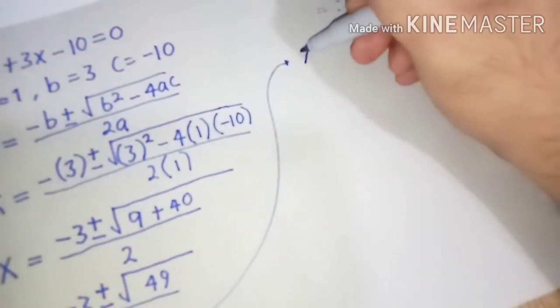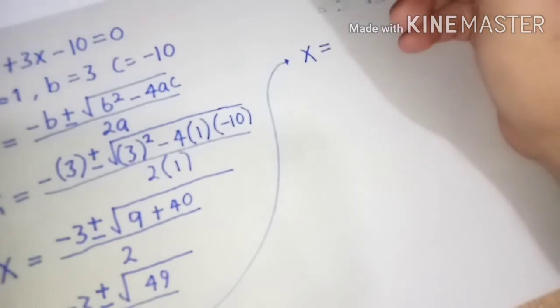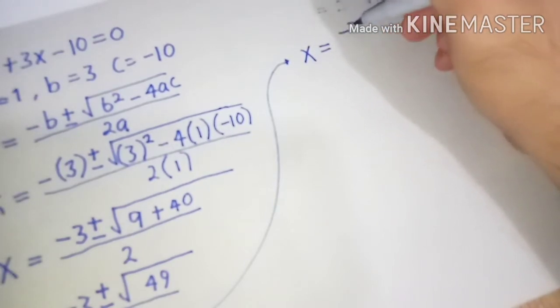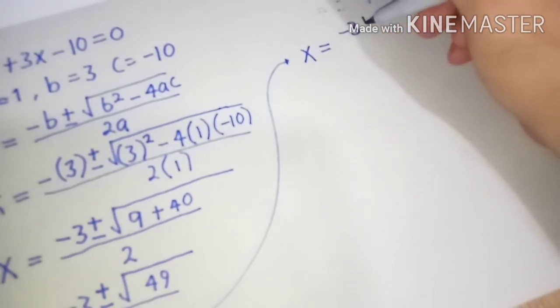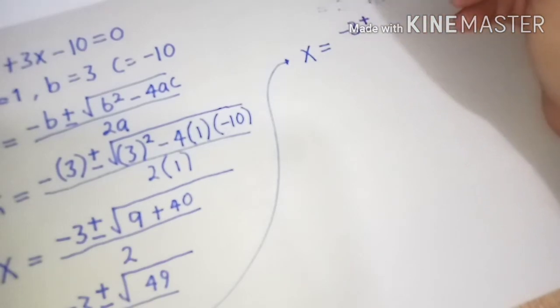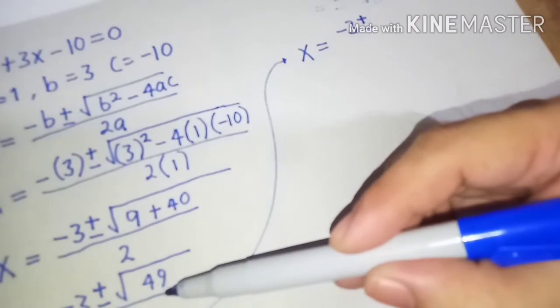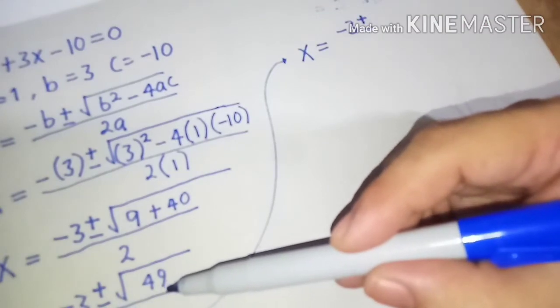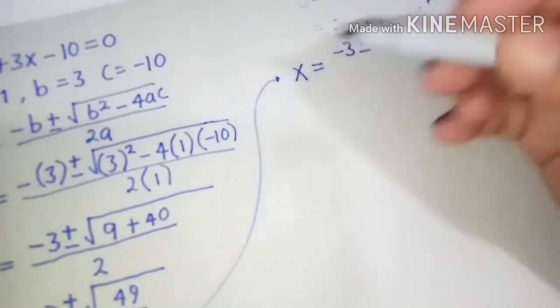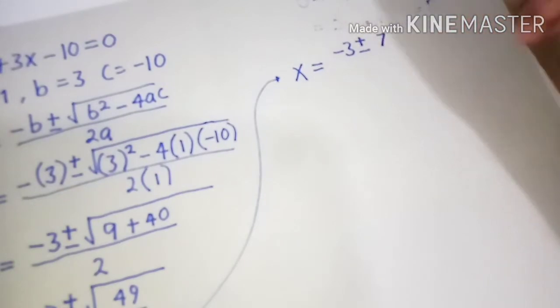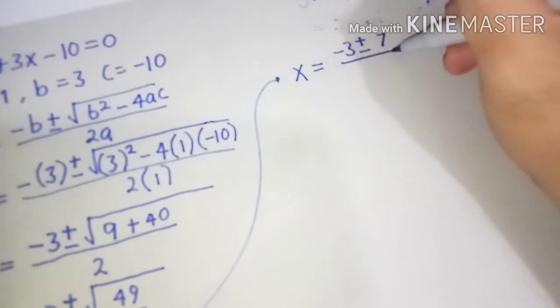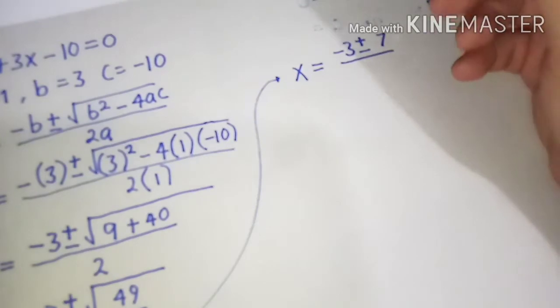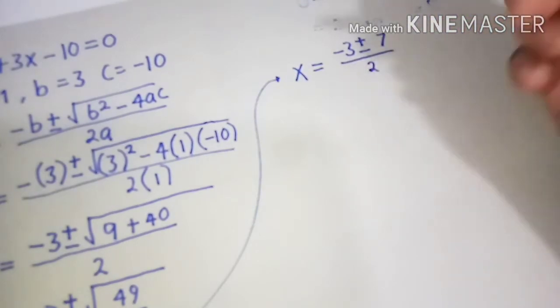Copy x here equals, and then we have negative 3, plus or minus, then we are going to get the square root of 49 because 49 is a perfect square. So therefore, the square root of 49 is 7. Then we need to divide it by 2.